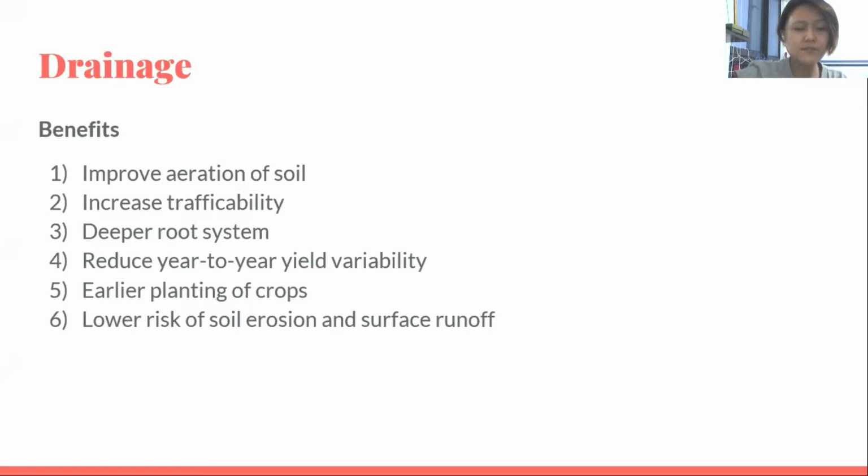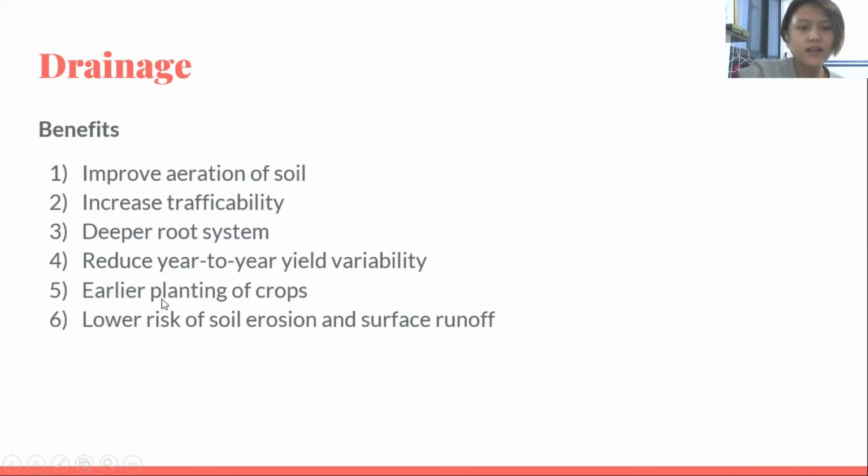Okay. So there are several benefits if you implement a drainage system for your plantation site. The first is it can reduce the erosion of soil. Second is increased trafficability. Third, a deeper root system. Number four is it can reduce year-to-year variability. This actually happens when cocoa or any other crops are planted at sites where the soils have a very low infiltration rate.